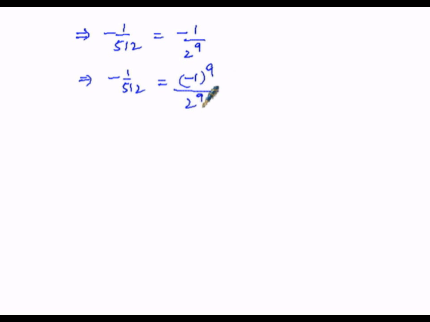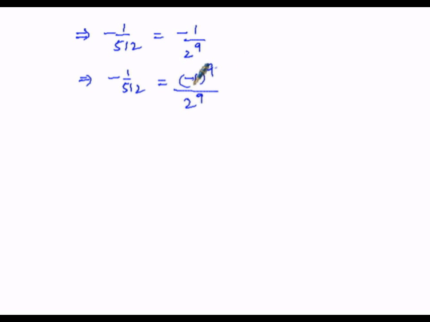Here the index of minus 1 is 9, which is odd. When minus 1 is repeatedly multiplied 9 times, since it is odd, we get a negative sign with 1, that is minus 1 itself. If minus 1 were multiplied an even number of times, we would have got plus.